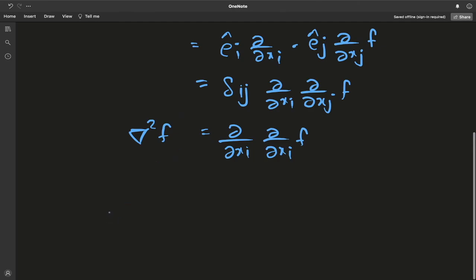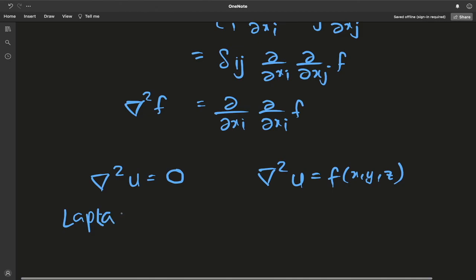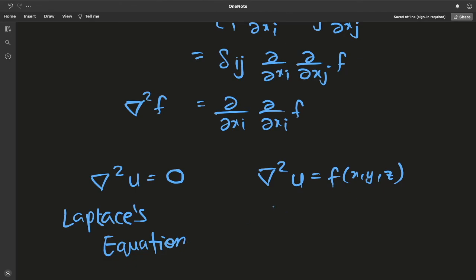It's really important in Laplace's equation, which just says set the Laplacian to 0, or Poisson's equation, Laplacian equal to some function of x, y, z, anything, depends. This is Laplace's equation, and this is Poisson's equation. Both of them French mathematicians.